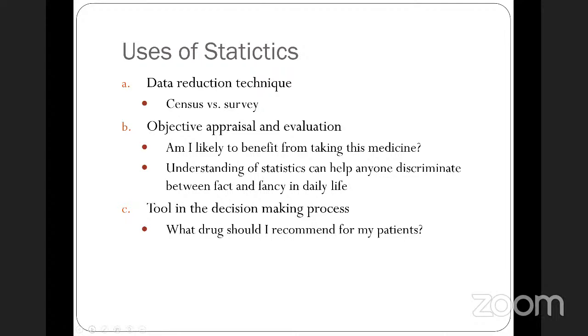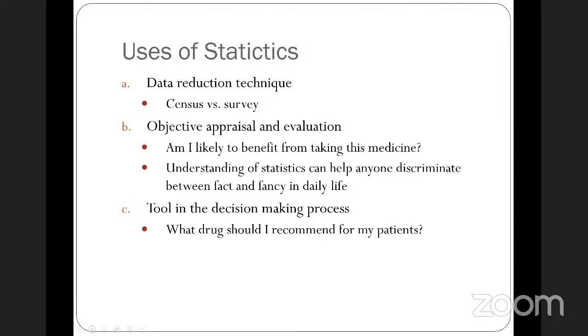We could also use it for objective appraisal and evaluation. So when you look at, am I likely to benefit from taking this medicine or not? What's the number needed to treat is an important question in statistics. How many patients do I have to give this intervention?